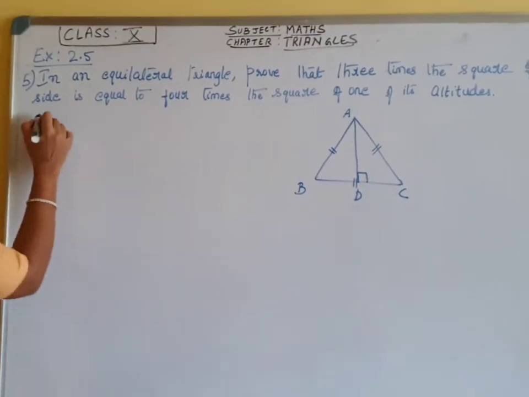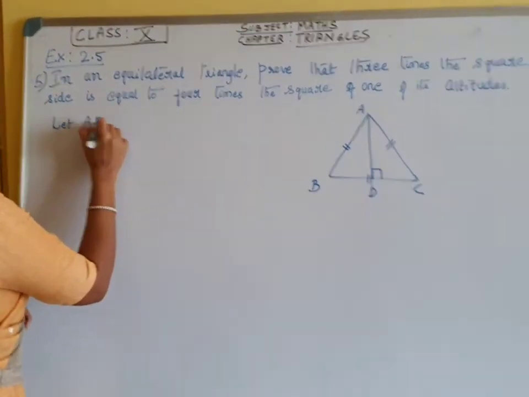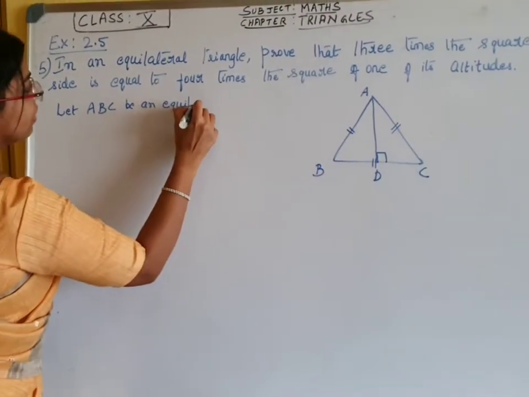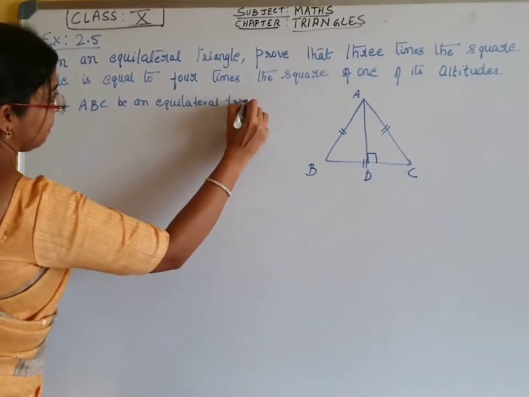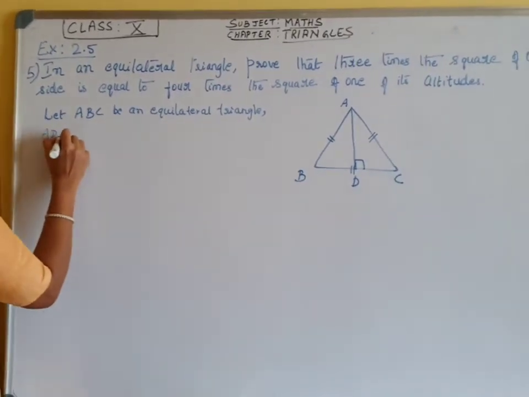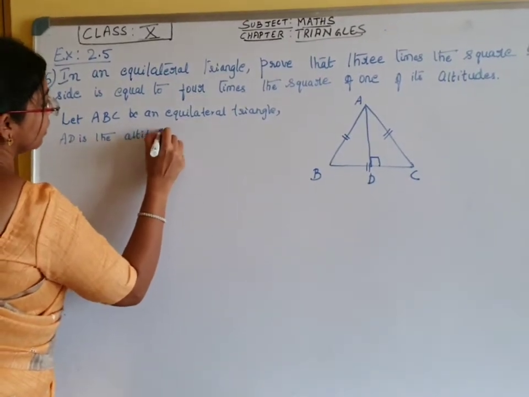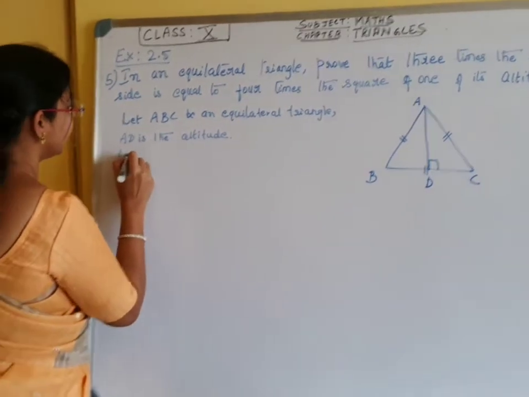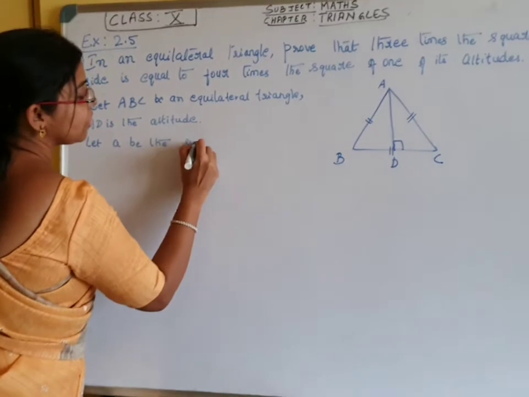Let ABC be an equilateral triangle. AD is the altitude, and let a be the sides of the triangle.